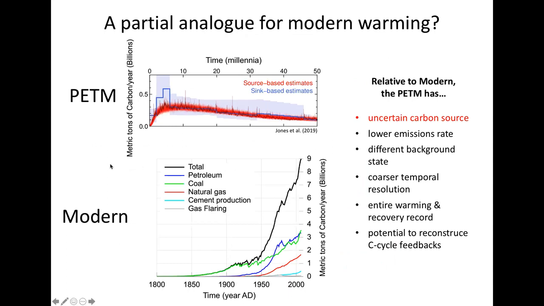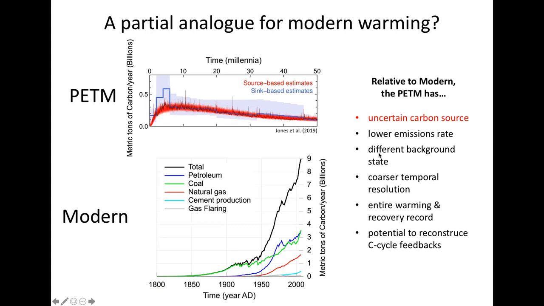So this is a reconstruction of the carbon emissions of the PETM, which we'll talk about in more detail later. But importantly, the vertical scale is the same here as this modern record. So there are differences, which do make it a bit difficult to have a direct comparison. There was a lower emissions rate in terms of carbon flux. We've seen that the world was different.